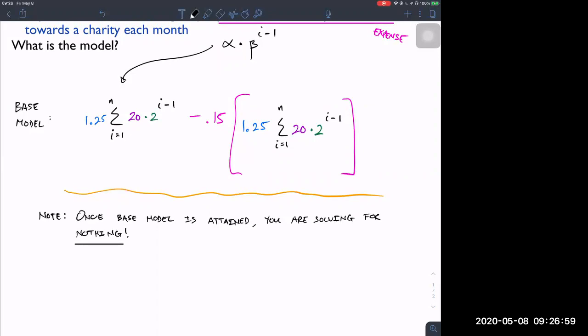What can be done though is simplification. Simplification may be performed, but unnecessary, depending on how good your algebra is.